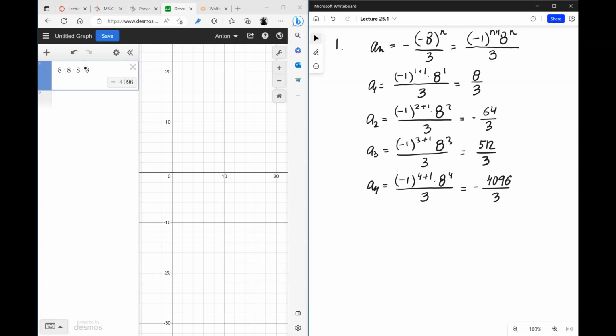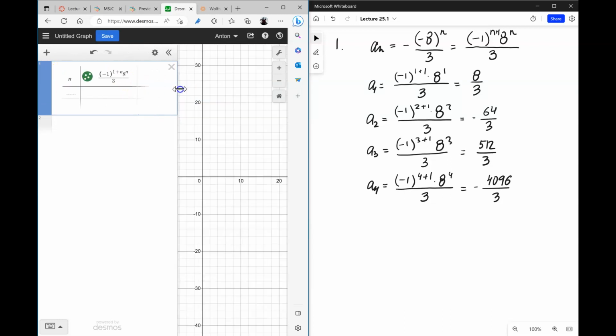Now that I have Desmos opened anyway, I can show you how to use it to your advantage. So for example, if this is your n, here you can easily write all the elements of your sequence by typing up the formula. We have 8 to the power n divided by 3.